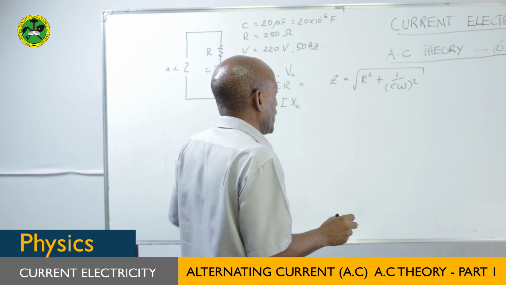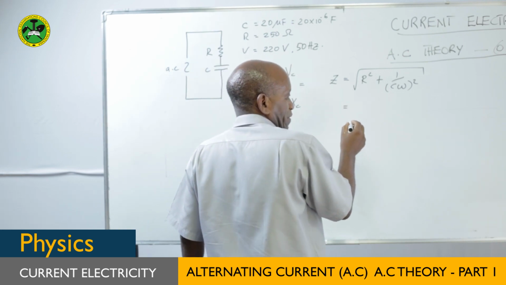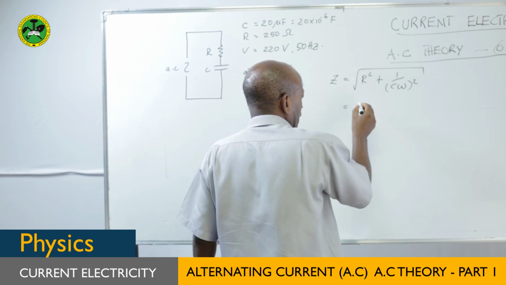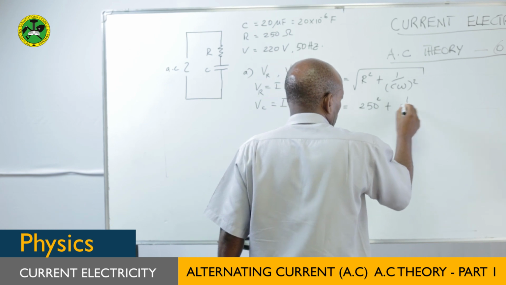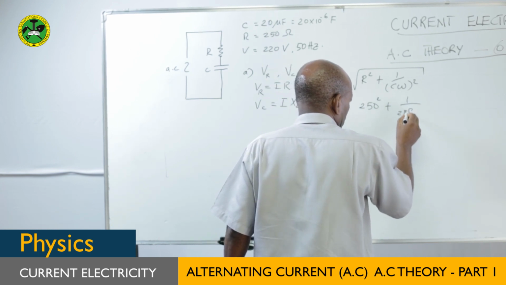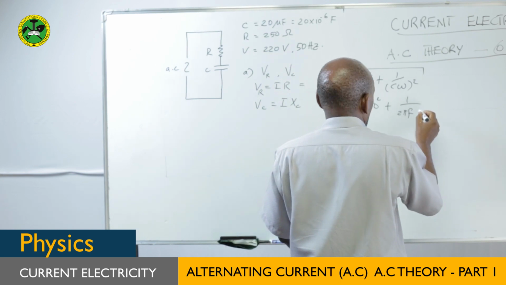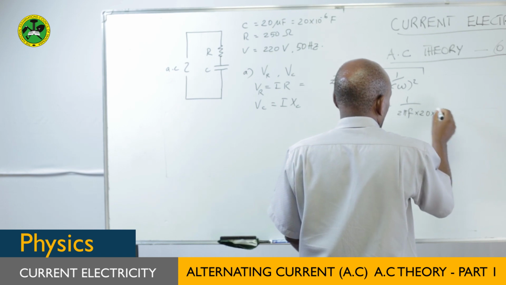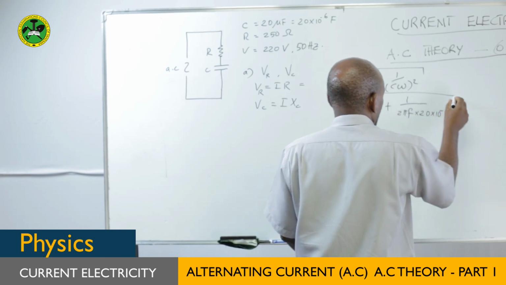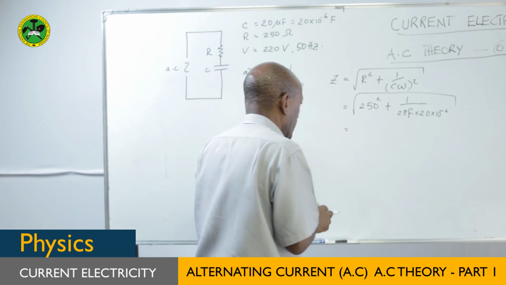This will give us the total impedance, and we can substitute to obtain it. The value for the resistance is 250, which we square, and omega C is 2 pi F times C. This is 20 microfarad, that is 20 times 10 power minus 6, and we take the square root of that to obtain the total impedance.